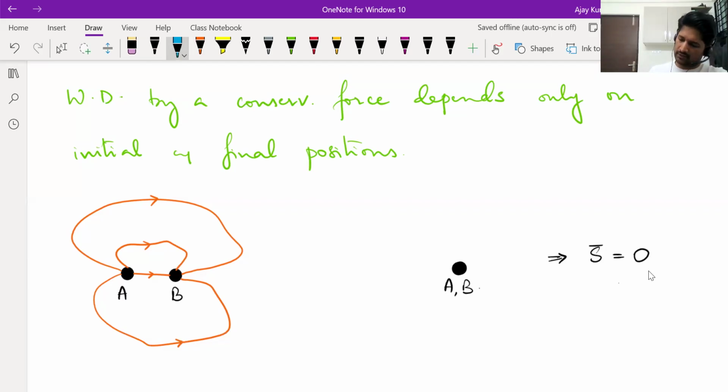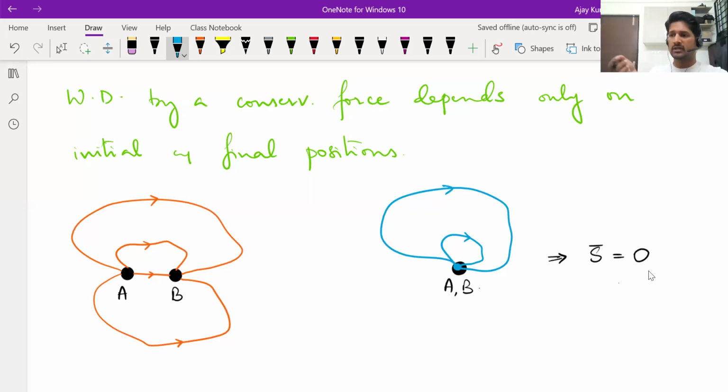Then whether you take this path to go from A to B, or you take this path, or you stay there itself without any displacement, the work should be the same. If the force is conservative, the work should be the same in all these paths, and it should be the same as what it would be if the displacement is 0.